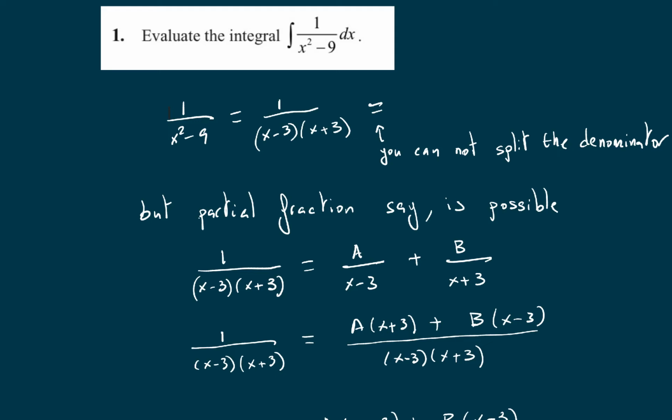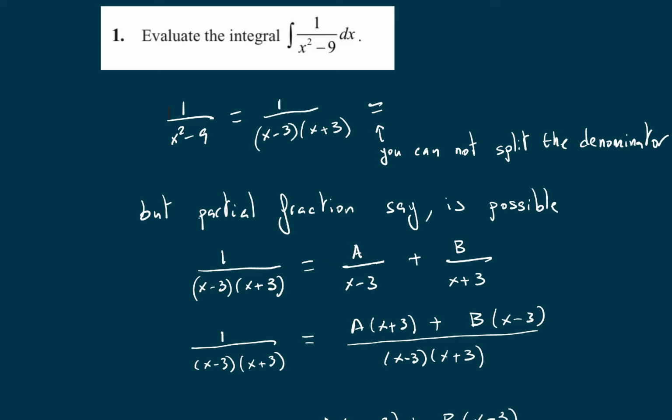Fix a and b in a way that when I sum this with this, it will be this. So instead of solving the integral of 1 divided by x squared minus 9, I will solve these two integrals, but first I have to find a and b.